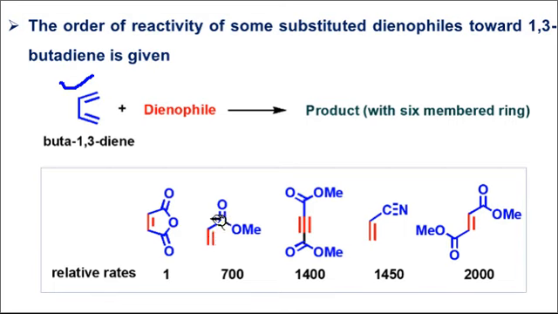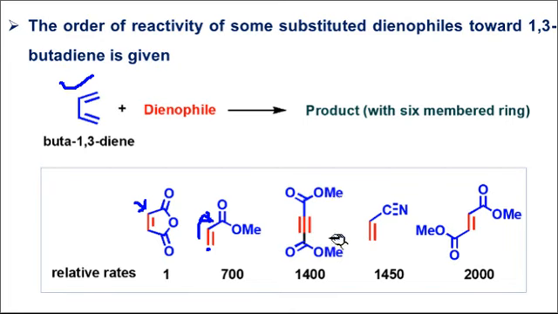They are withdrawing electrons from this end. Ultimately, this carbon will become electron deficient, hence the rate of reaction will be higher. Whereas in this case, there are two groups attached to this system, so we cannot make any one carbon highly electrophilic. That's why you can see the rate difference here.